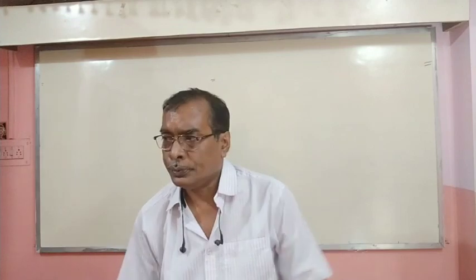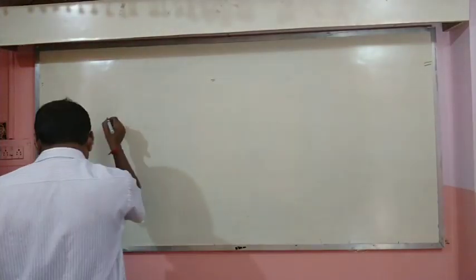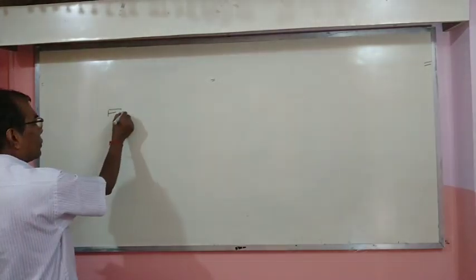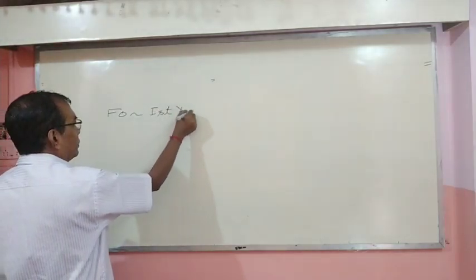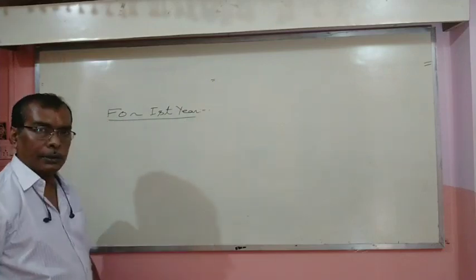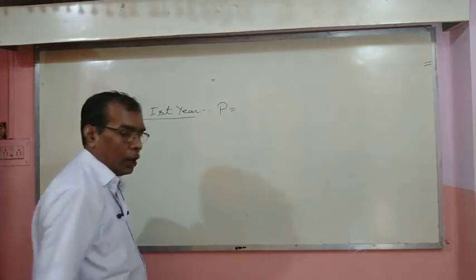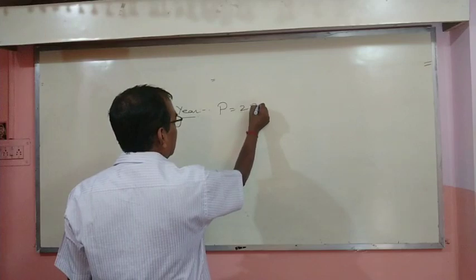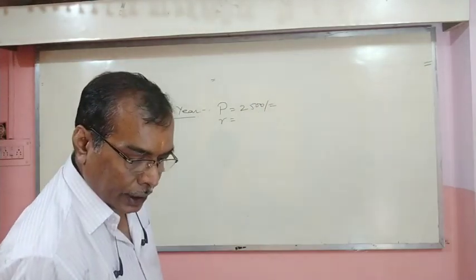So let us start. For the first year, the principal P is equal to how much? 2500. And the rate is given as 10%.